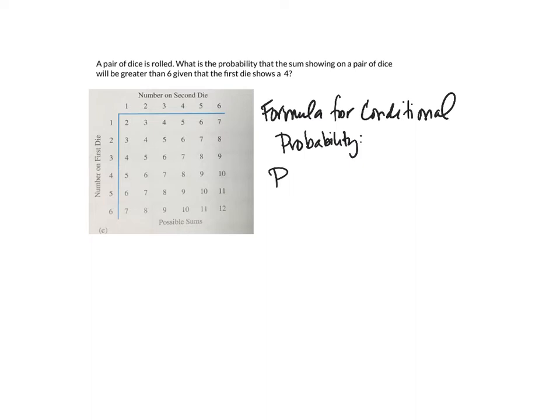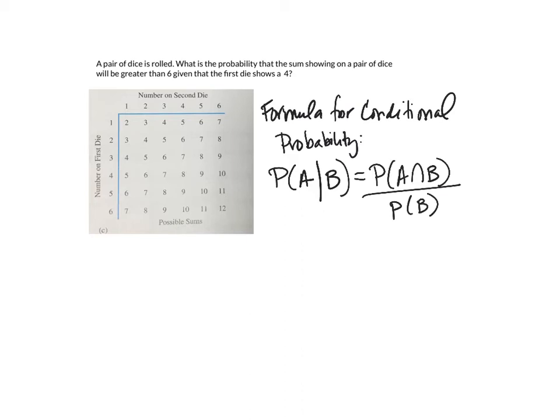Which says, if I want to calculate the probability of event A occurring given that event B has already occurred, this is the probability of A intersect B divided by the probability of B.